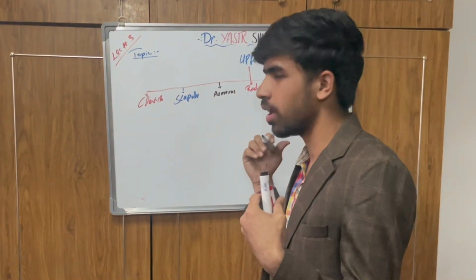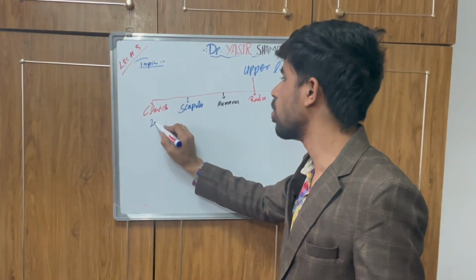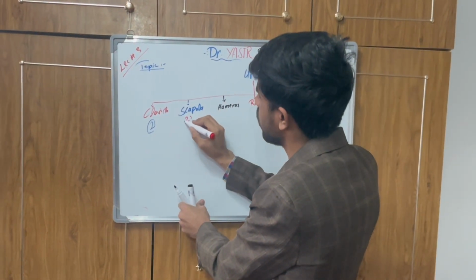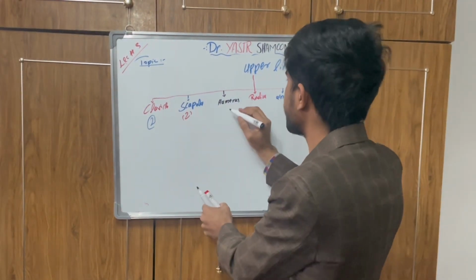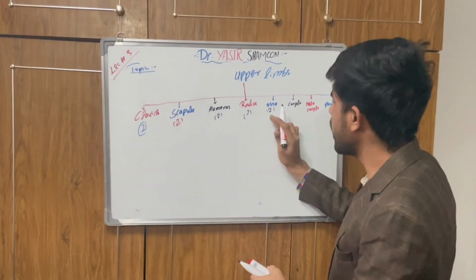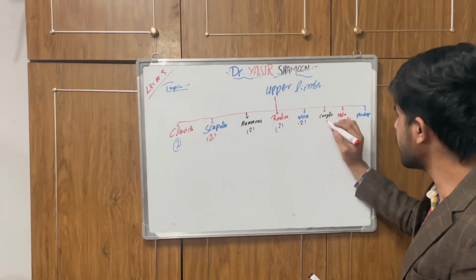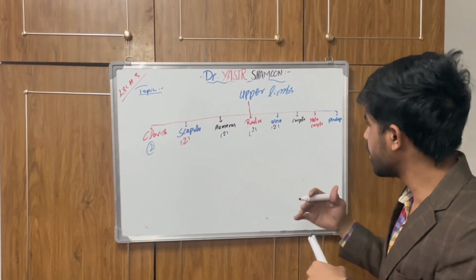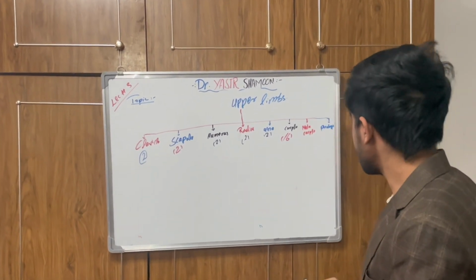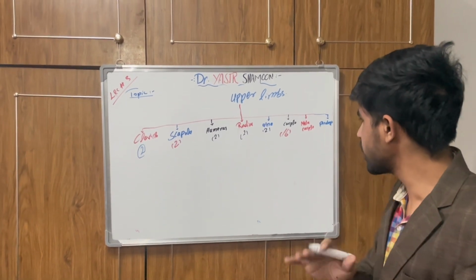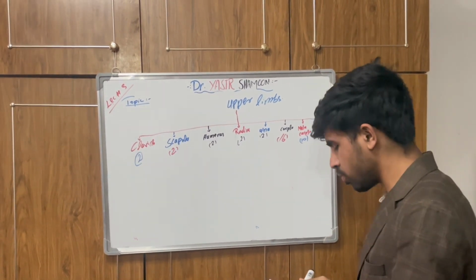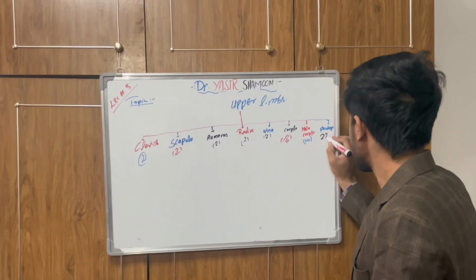How many clavicles are in the upper limbs? Basically 2, one on each side. Scapulas also 2, humerus also 2, radius 2, ulna 2. Carpals are 8 in one hand and 8 in the other, a total of 16. Metacarpals are 10, 5 in each hand. Phalanges are 14 in one hand, so 28.